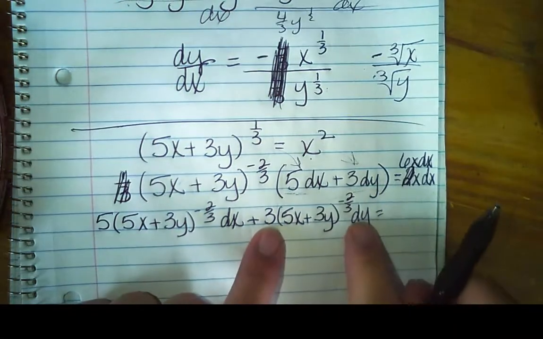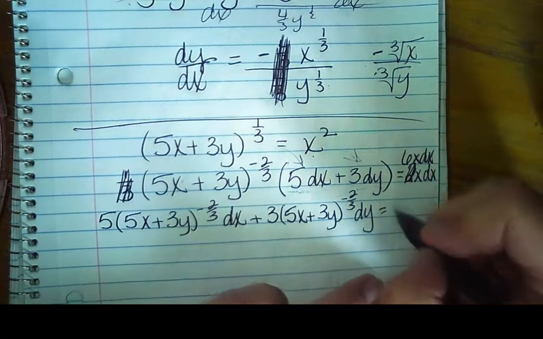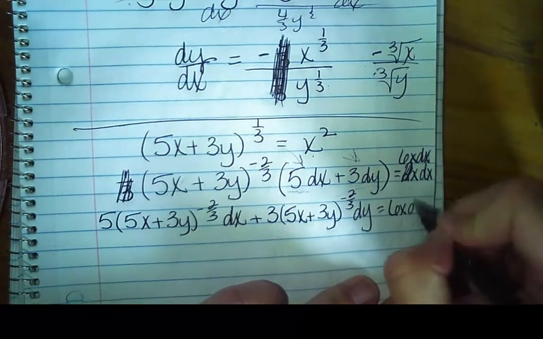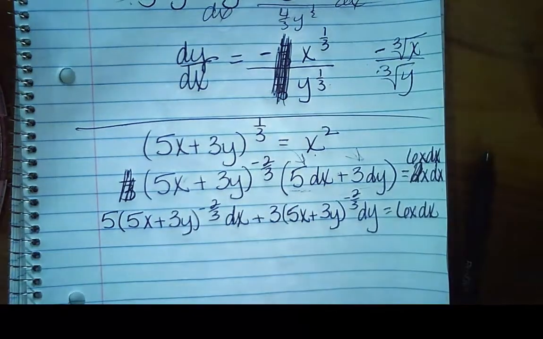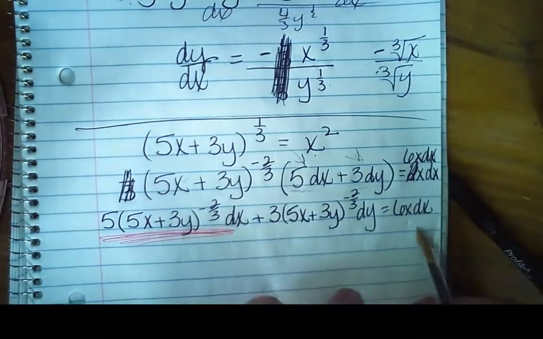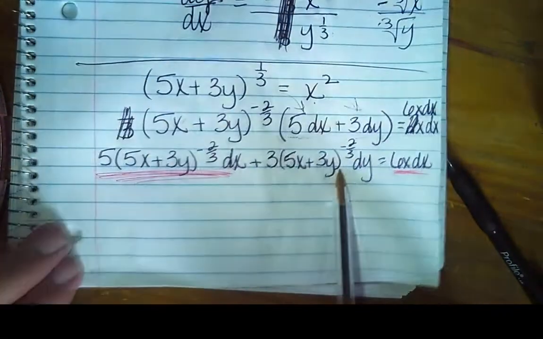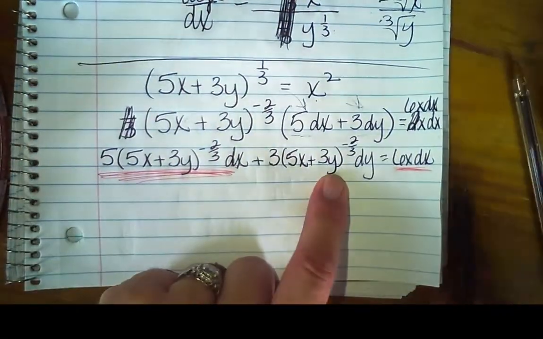So there's your 3 dy times this equals 6x dx. So I want my dx's on one side, which would be the right. So he's already there, leave him alone. I want my dy's on the left. He's already there, leave him alone.